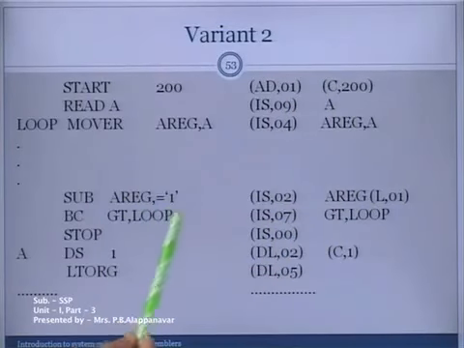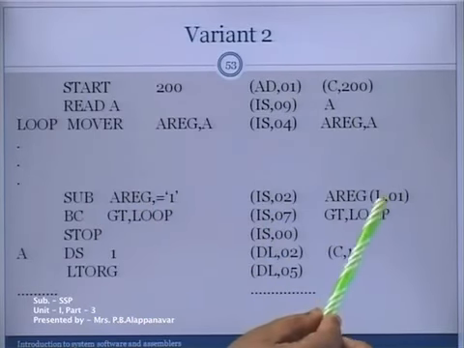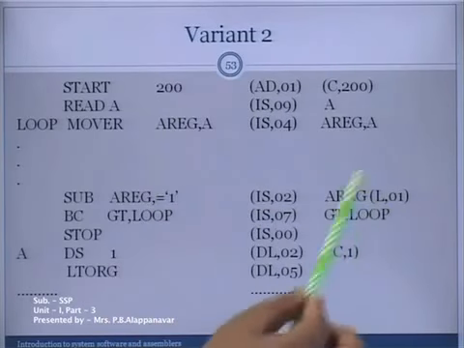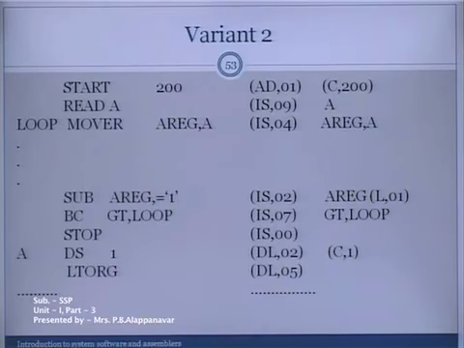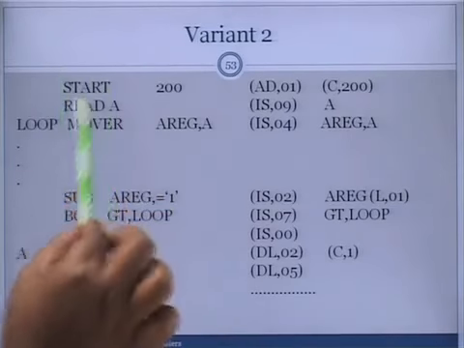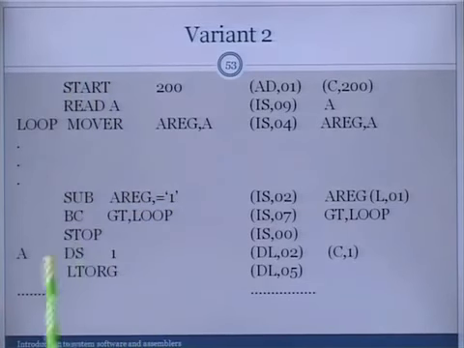Except when it is a literal, I am writing that the class of the literal is L and we are writing the entry of the literal in the literal table. This is done basically because location counter processing should take place. If it has to take place, then I have to process the literals, I have to process assembler directives, and I have to process declaration statements.